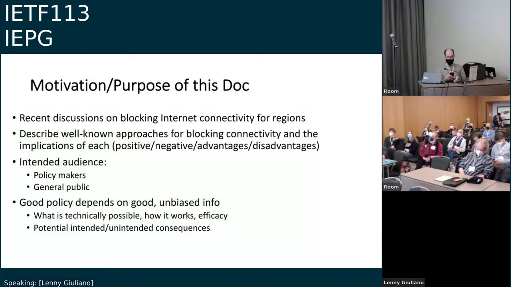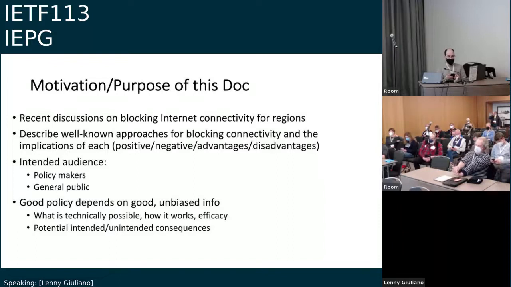So the first question is, a little bit of background and motivation on why we wrote this draft. In light of recent geopolitical events, there has been discussions in various circles, both technically and non-technically, politically, on the concept of blocking internet connectivity for a region.